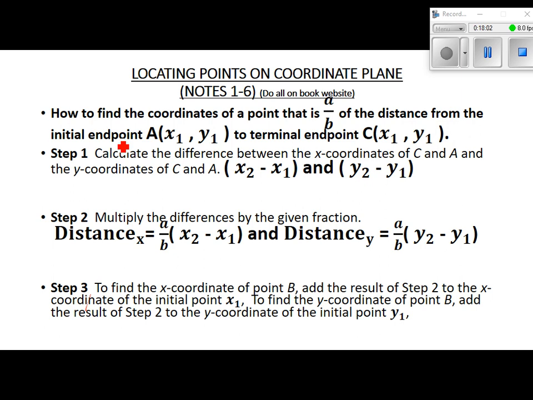This time it's 1-6. The last page will always have the homework, the assignment. I don't think there's any set of notes with more than 3 pages, so the other page has to be the middle page.